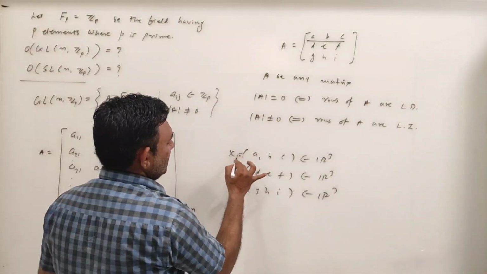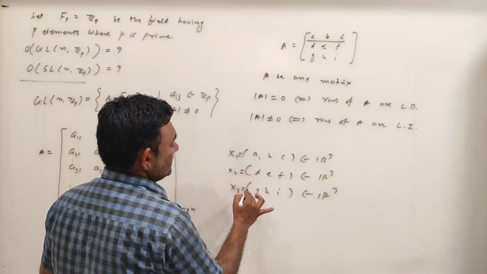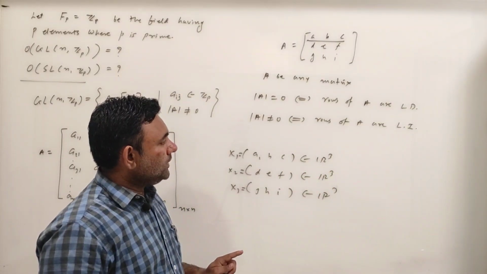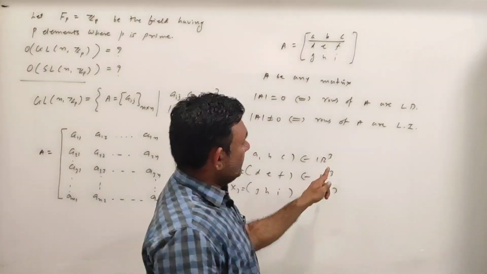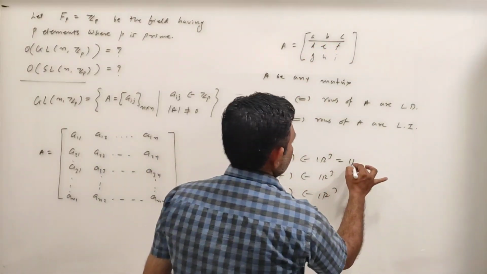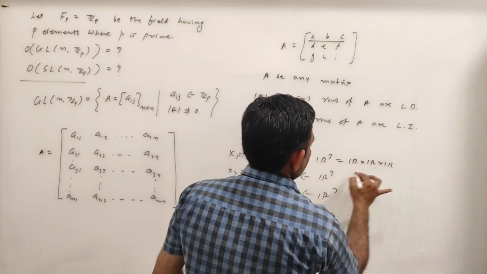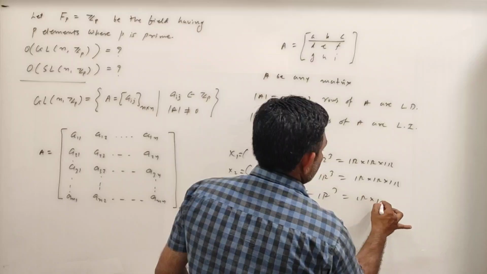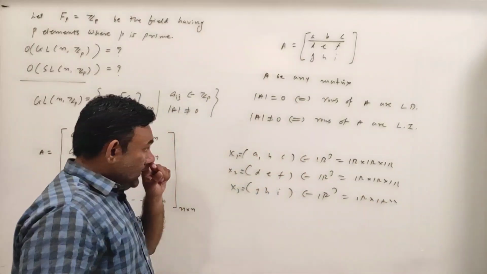So this is my x1, x2 and x3, vectors of R3. Here A, B, C are coming from R, so R3 is R cross R cross R.